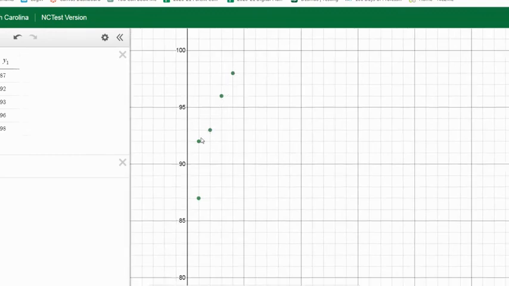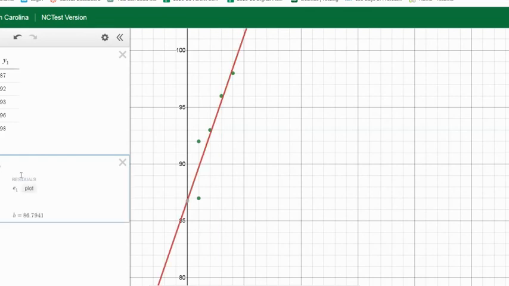So this part here looks pretty linear to me, so I'm going to test a linear function first. And when I look at my R value here, it's 81% accurate. The R value is really close to 1.